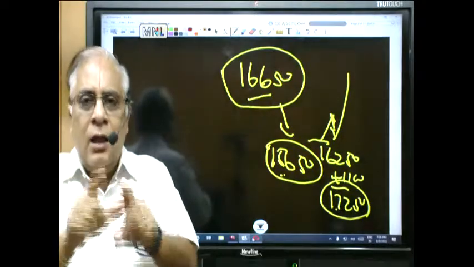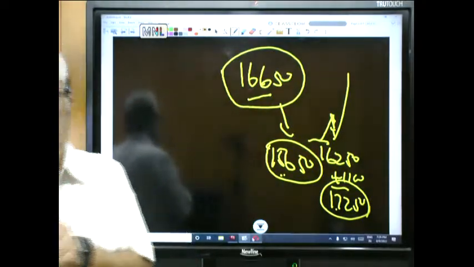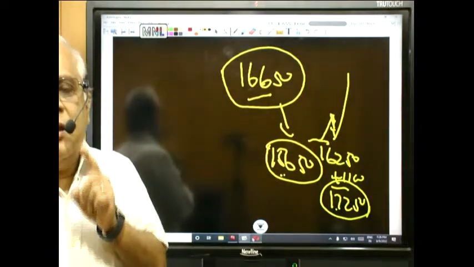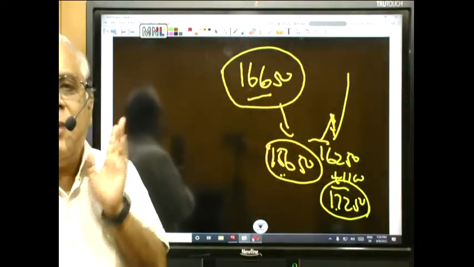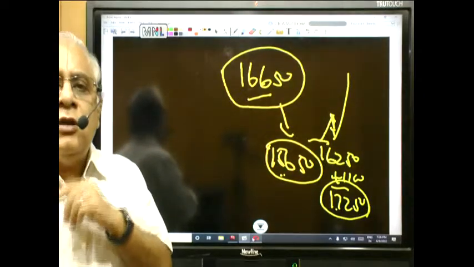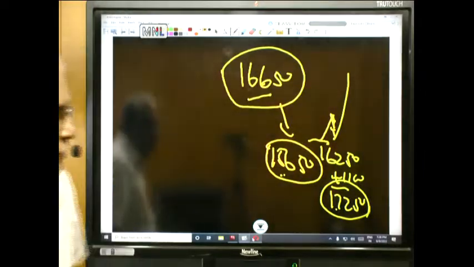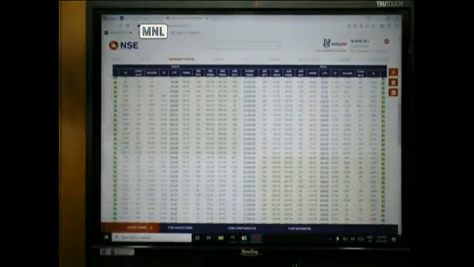Now we have got a lower bottom in the daily chart, which means that any rally should probably get resisted at some higher Fibonacci. So we should be looking more towards the sell side position. So when we look at the sell side position, we should now go back to the chart.